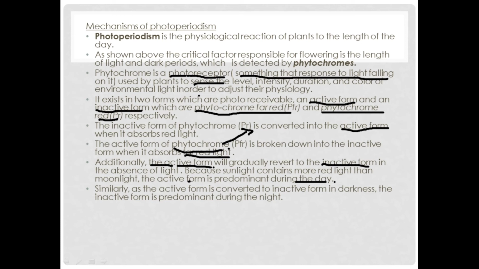So to sum this up, we have phytochrome far red, and we have phytochrome red.